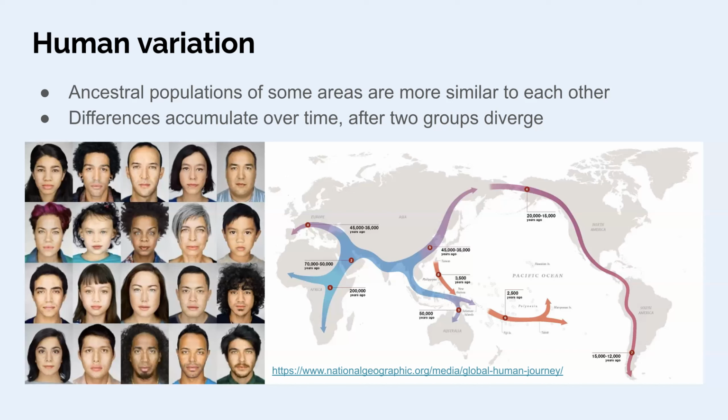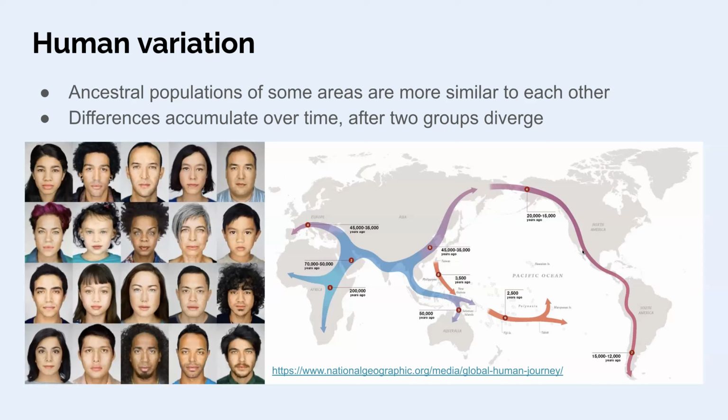And as I have on the bullet point here, as these populations separate from each other, it's sort of no looking back, right? So the people who crossed the land bridge into North America 20,000 years ago lost contact and lost the ability to interbreed with anybody from Eurasia or places farther away.